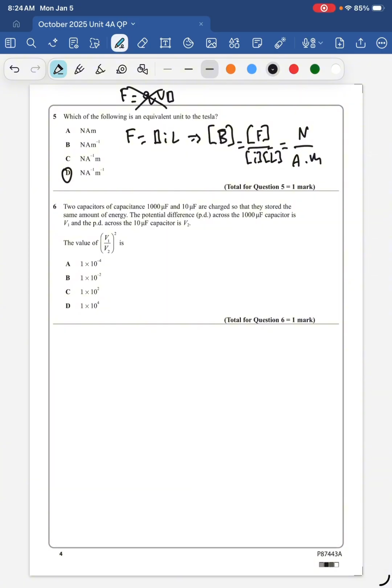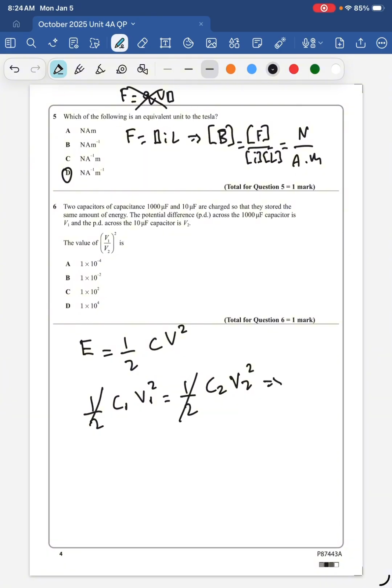The value of (V1 over V2) squared is... We have to immediately think that the energy stored in a capacitor is given by 1/2 CV squared. Here, the two capacitors store the same energy, therefore 1/2 C1 V1 squared equals 1/2 C2 V2 squared, so the 1/2 goes away.